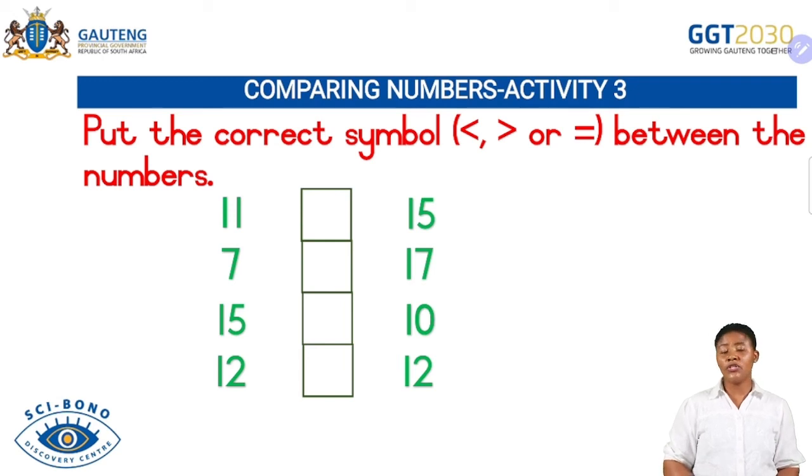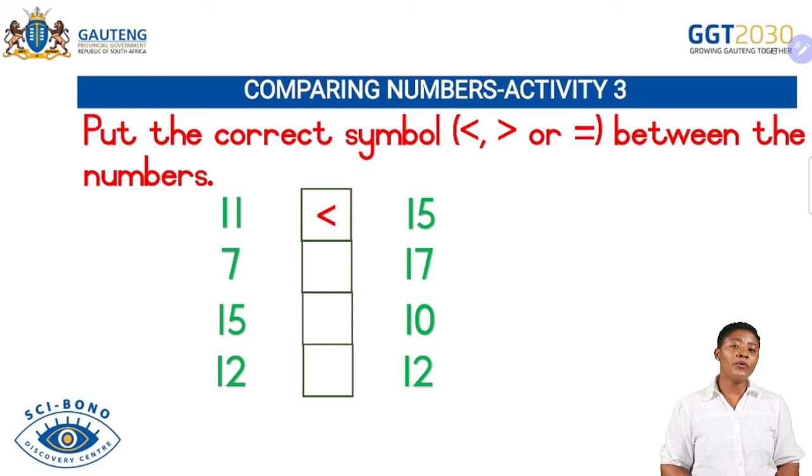What do you think, grade 2s? Which sign are we going to use? We are going to use this sign to show that number 11 is less than number 15. Can you see?